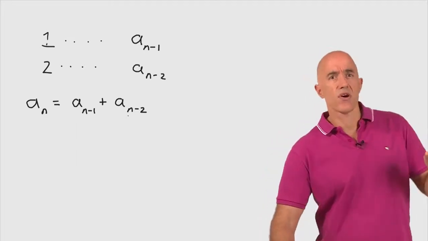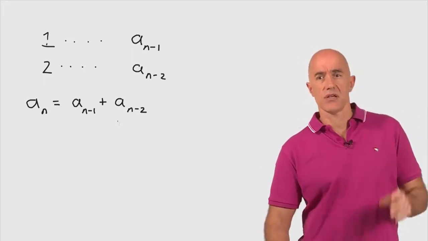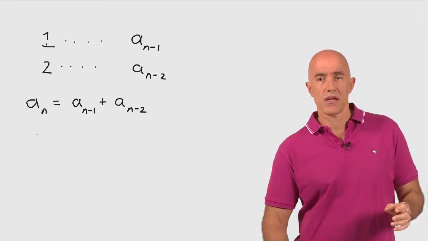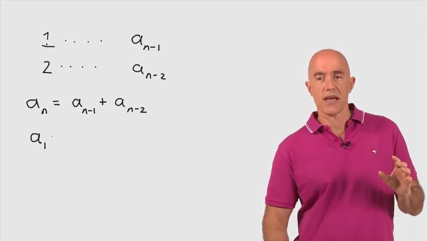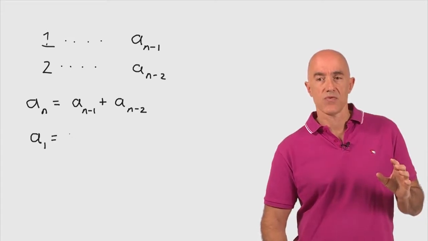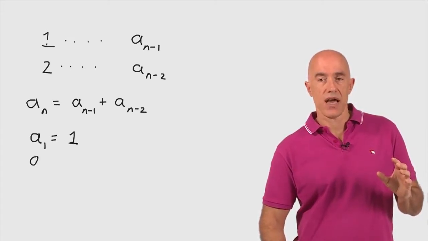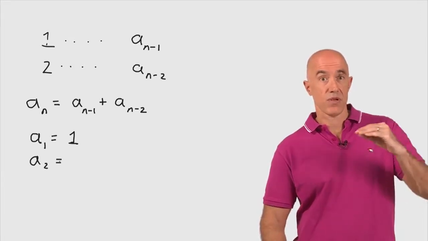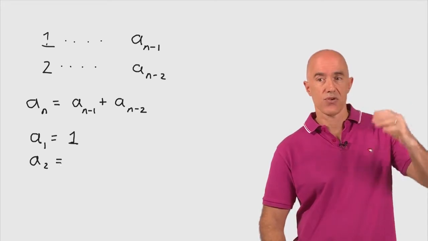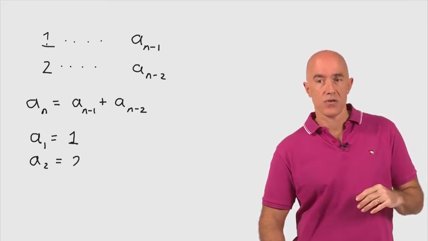The difference, though, is we need the initial conditions, so the initial values. The number of ways to climb a one-step staircase is 1, right? The number of ways to climb a two-step staircase, remember, is 1, 1, or just 2. So that's 2.